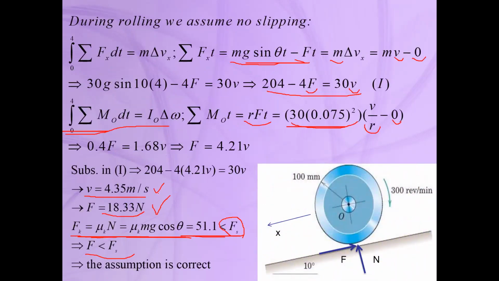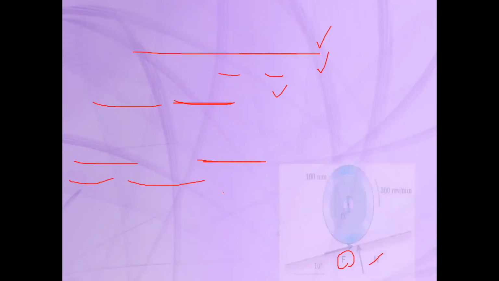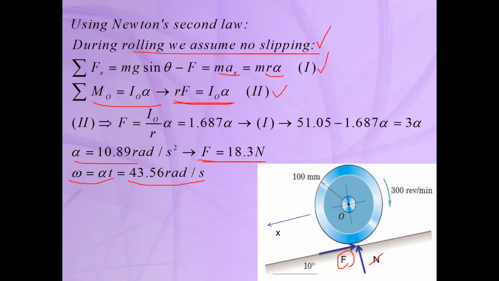And this is exactly the same as here if you calculate omega from V, because omega is V divided by R, and R in this case is 0.1. The omega will be 43.5, and it's exactly the same as calculated in the second method.